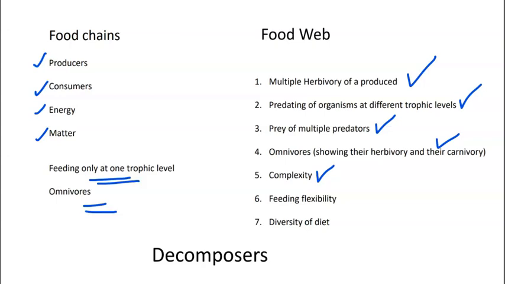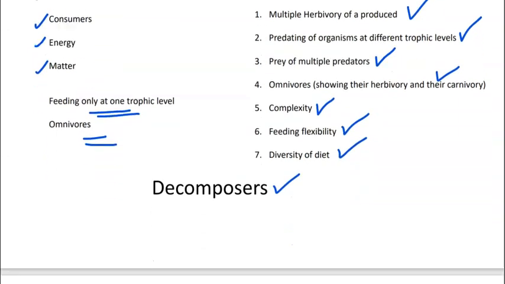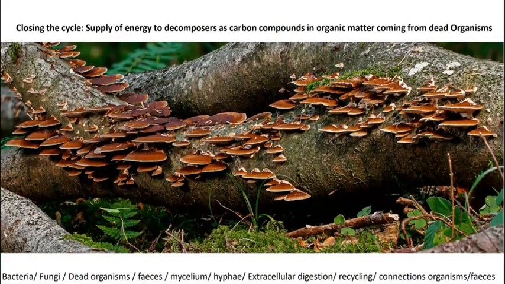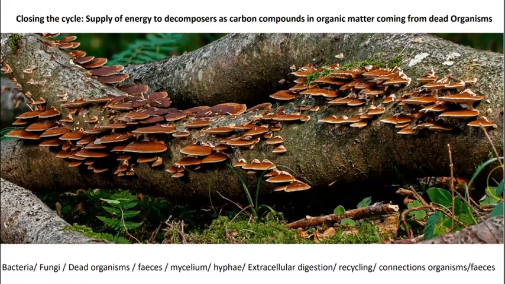Another way of looking at the multiple feeding is to think of this as feeding flexibility and the diversity of diet. However, our food web, for all of its advantages, did not show the presence of decomposers. Decomposers are the organisms which close the cycle of matter by breaking down dead and decaying organisms and recycling their carbon compounds into the environment.